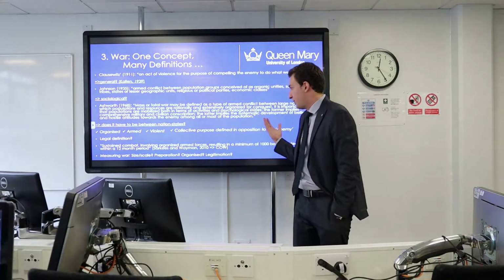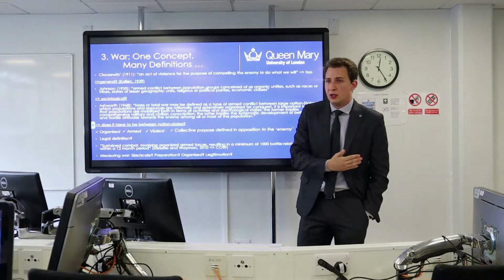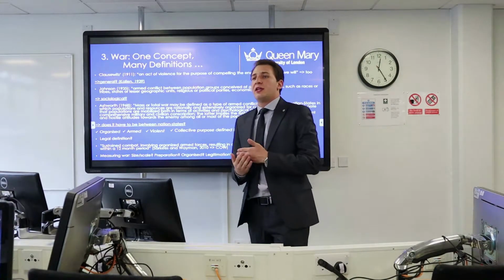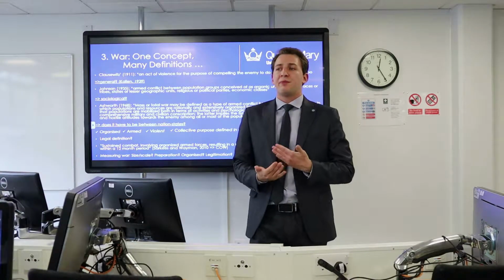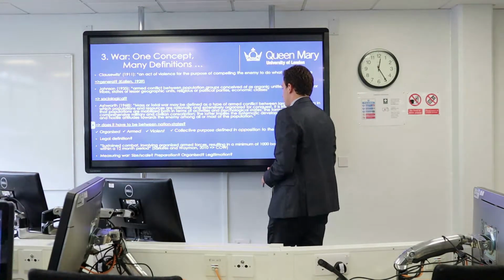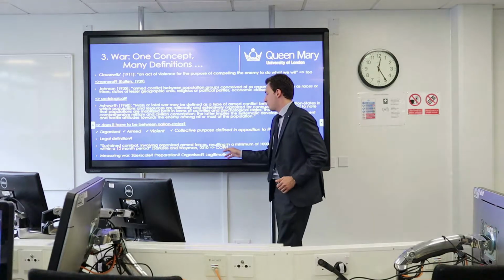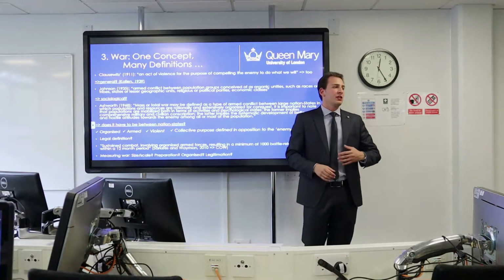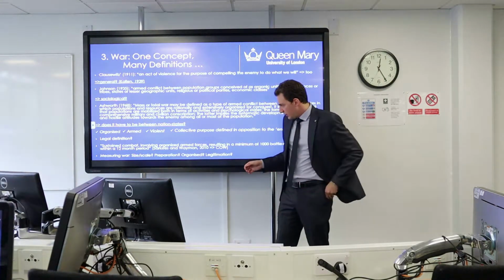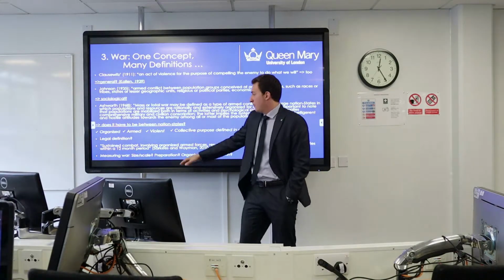Now, if you think of doing actual research, then all of this is not that helpful if you're dealing with empirical data. So projects like the Correlates of War, which is a big project that contains data for many wars throughout the years in history, defines war differently.